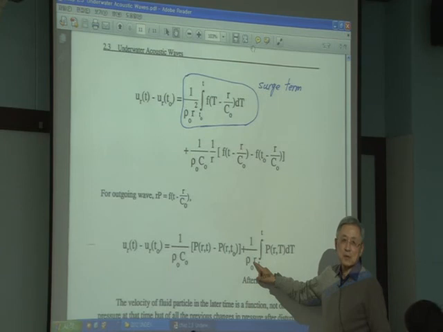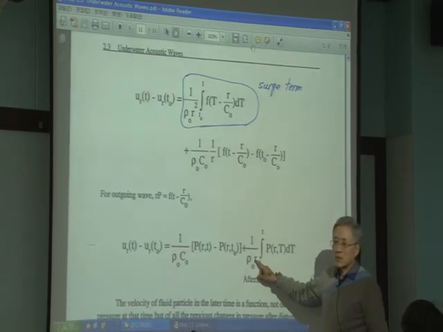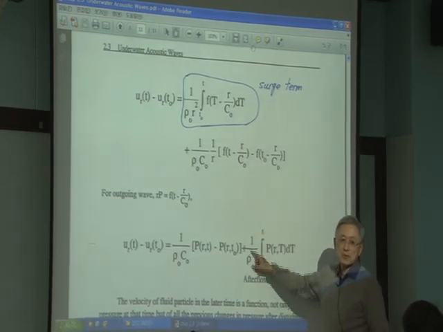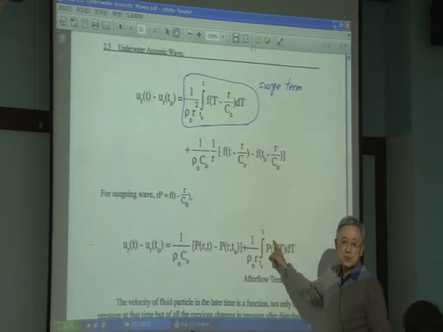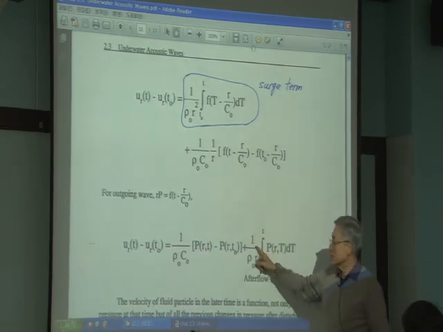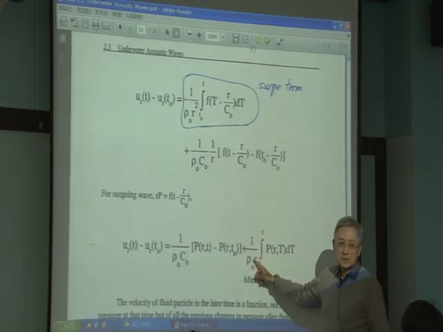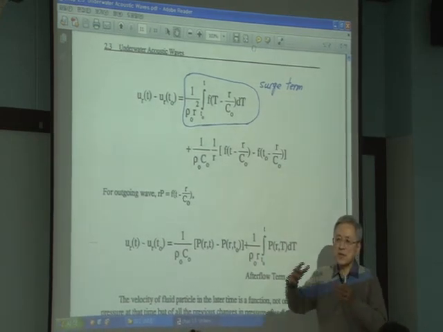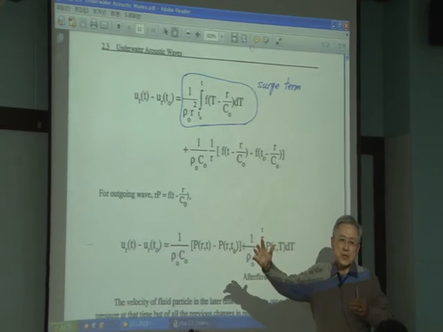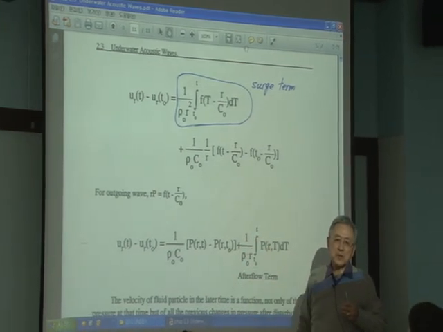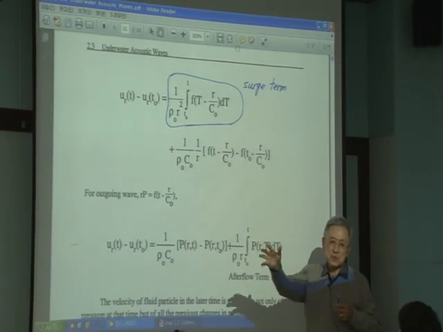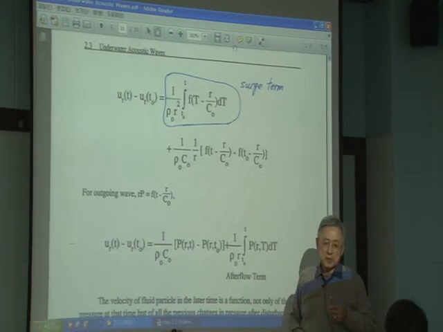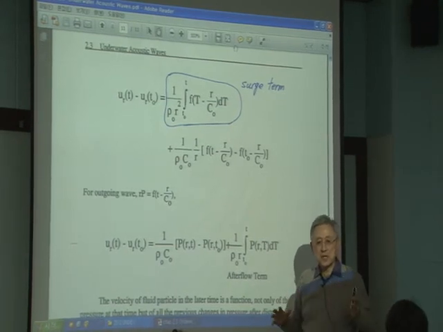If R is large, this term approaches 0, as 1 over R. So naturally, when the spherical wave is way farther out, it converges to the plane wave. Curvature effect is none.